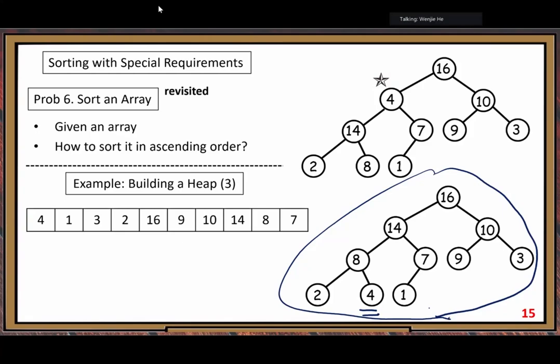So it's ready for heap sort. This whole process is our building a heap process. So we can write a program to do these operations. But there is a question. How much work do we need to do?